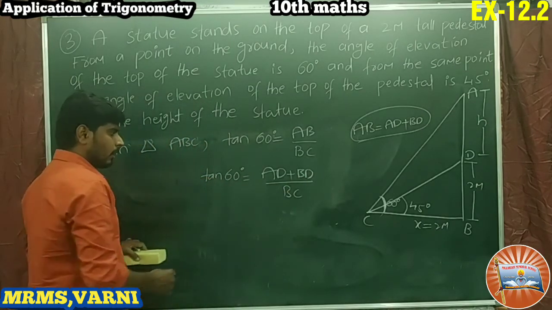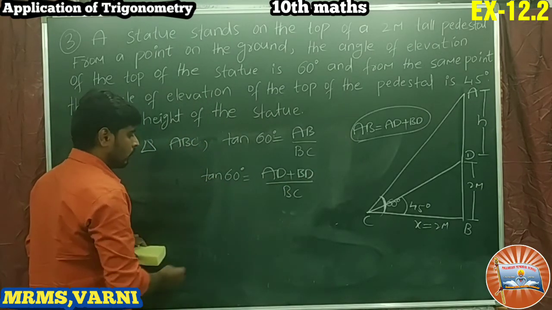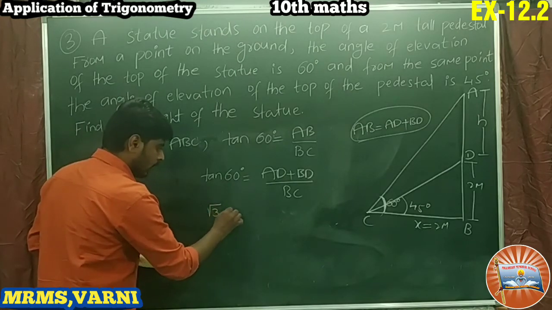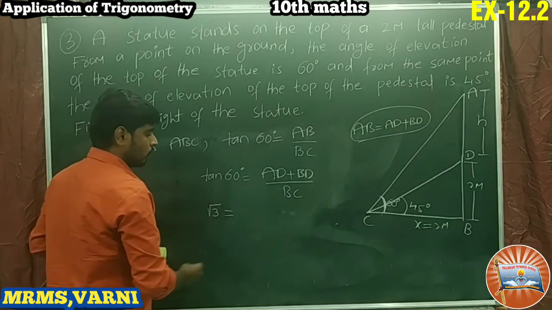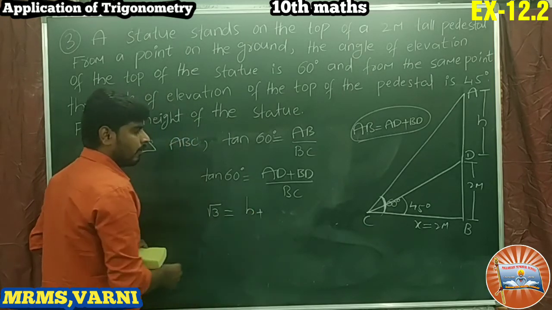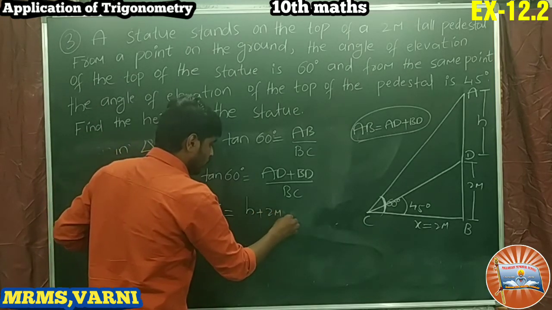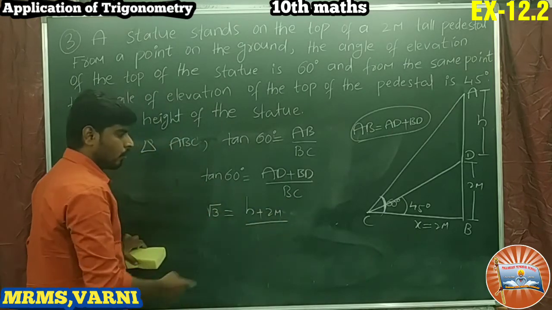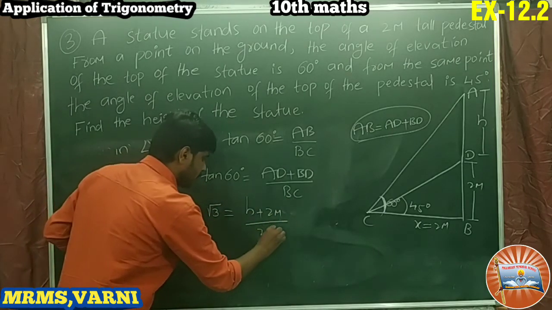Tan 60 value we know is root 3, which is equal to AD, which we considered as h, plus BD value 2 meters, by BC value, which we just got as 2 meters.